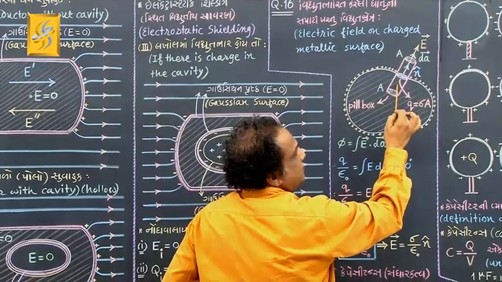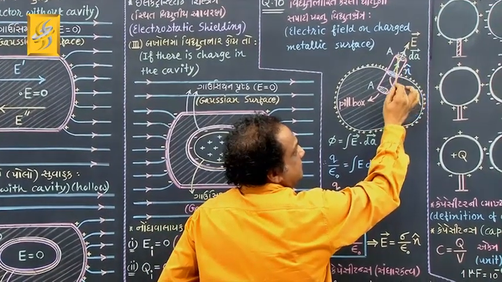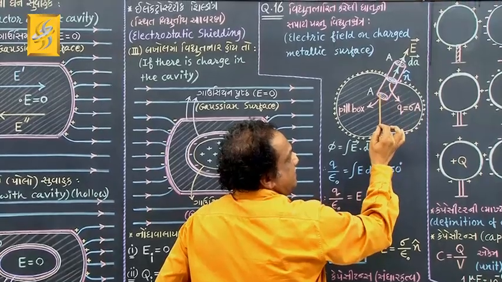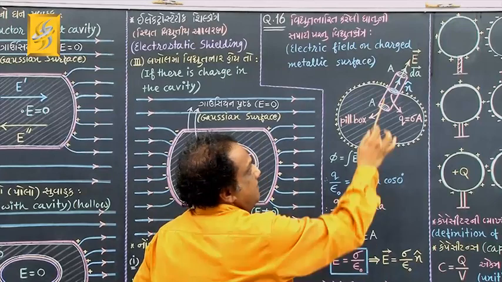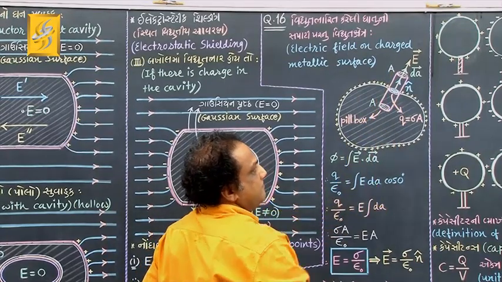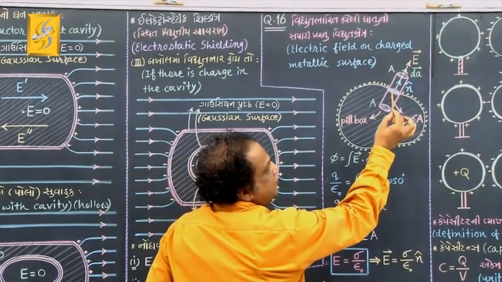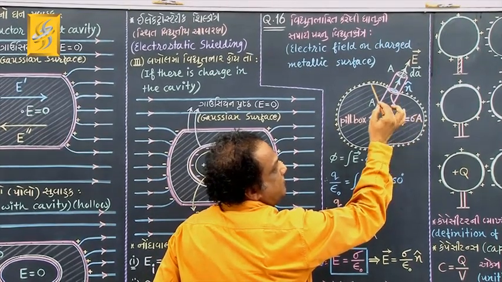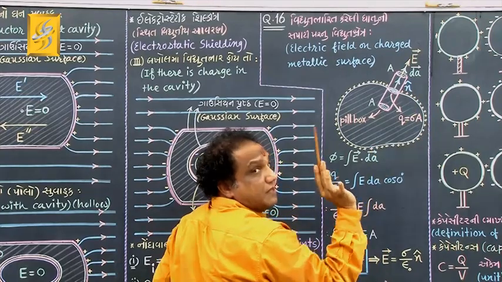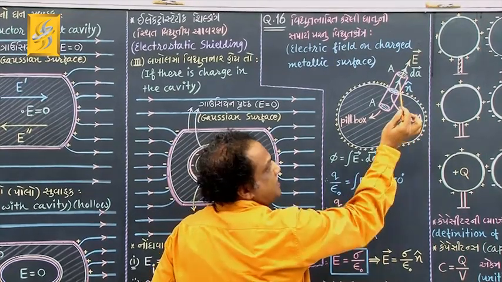For this Gaussian surface, you can see this area and this area, they are both equal. Let it be capital A. Now, some charge is present on this area, which is part of this metallic surface. Let us find out that charge.